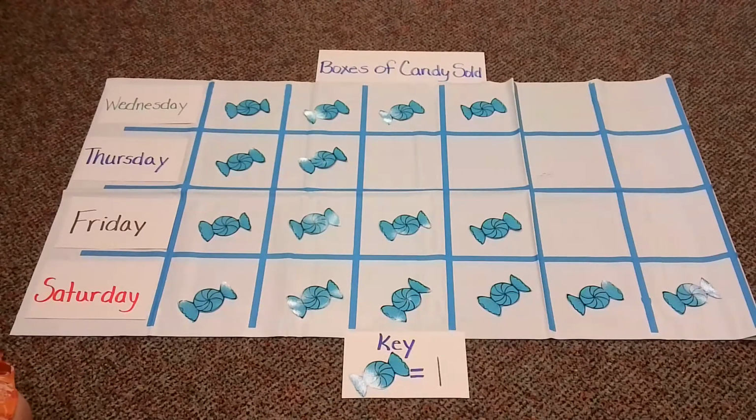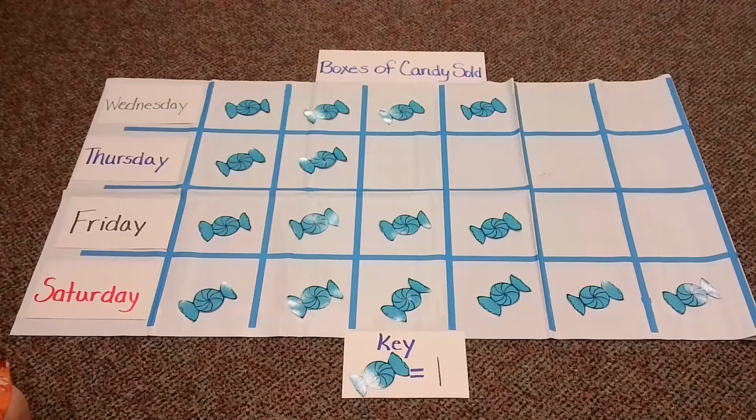Okay, here's another question for you. Which 2 days sold the same amount of candy? So if you're looking, your eyes should be looking at 2 days. I want to know which days sold the same.